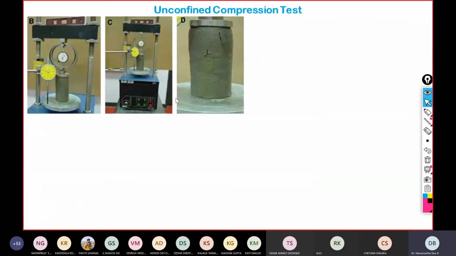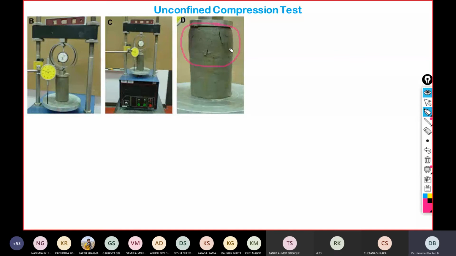These are some more pictures. This is the initial stage, this is during the testing, and this is the final. Here you can see that often, instead of developing a failure plane, we see bulging in the soil sample, at the top of the sample. This is what I'm saying. In the previous slide I showed you need to stop when you see a well-defined failure plane or when you reach 20% strain.